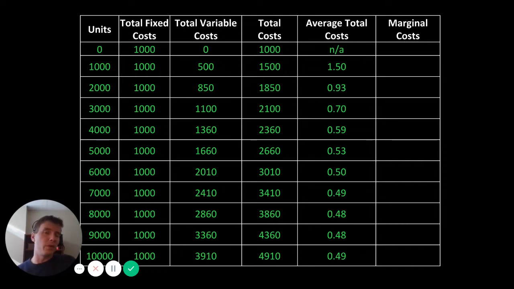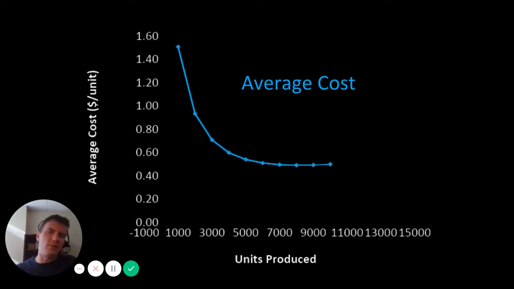And then what might be interesting is to plot average total costs versus the units of production to see what we get. So this is what that visualizes. On the y-axis, we have average cost in dollars per unit. And on the x-axis here, we have units produced.